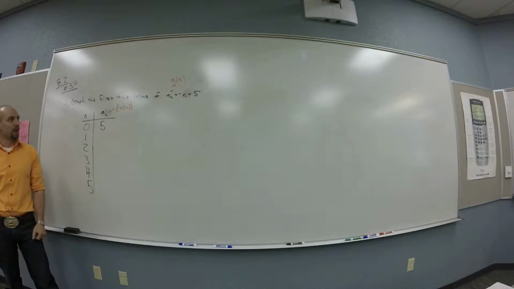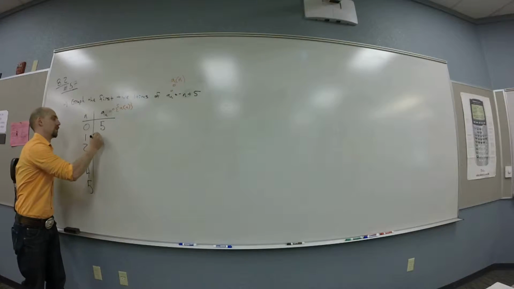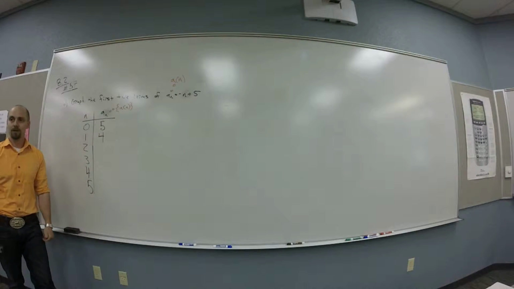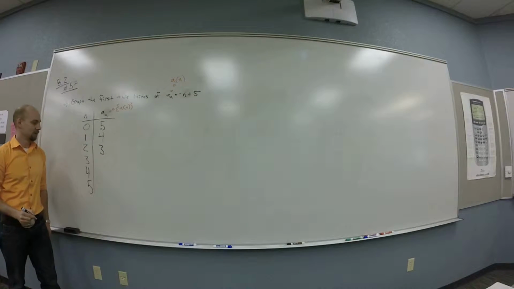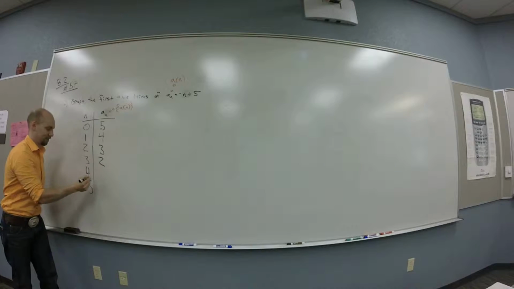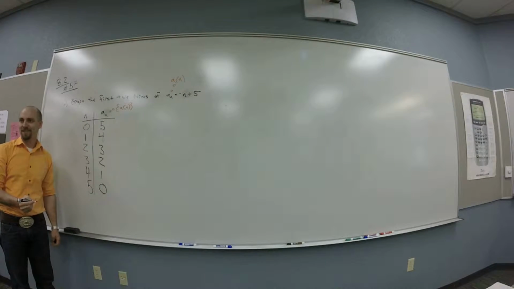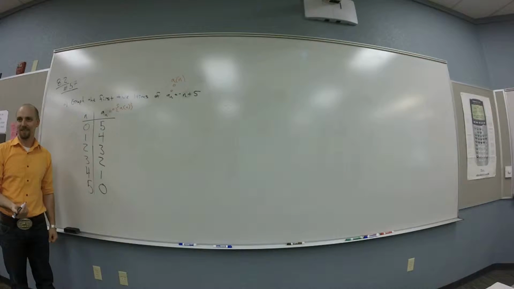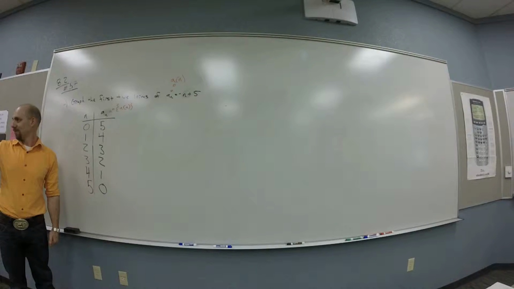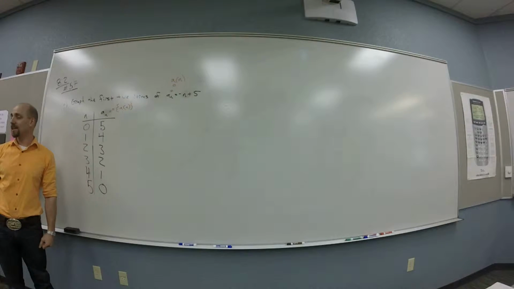What do I get when I plug 1 in? 4. How about 2? 3, 2, 1, 0. What's happening? Is the slope negative 1? Yeah, the slope's exactly negative 1.